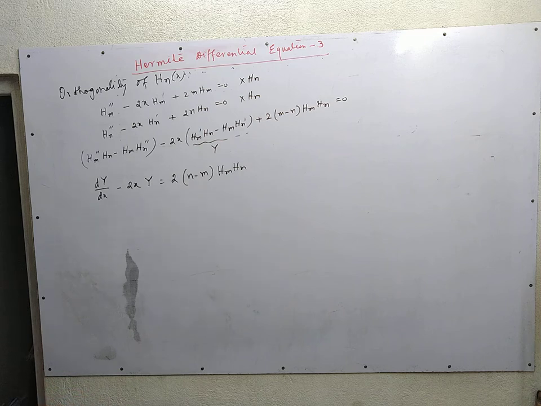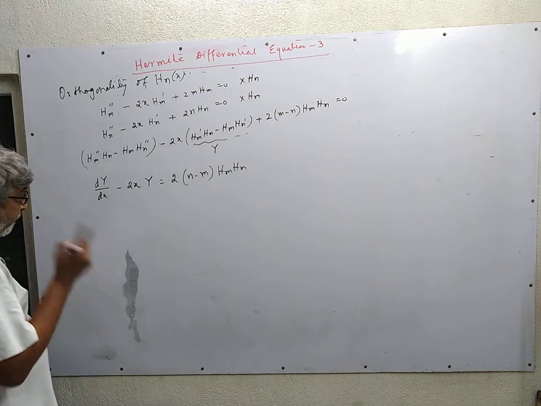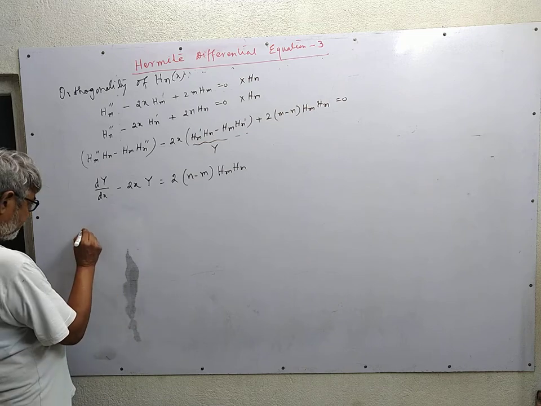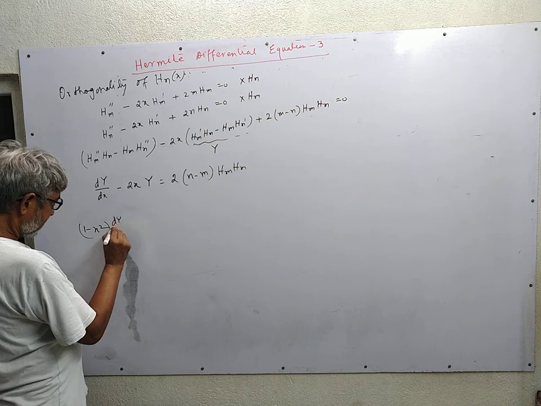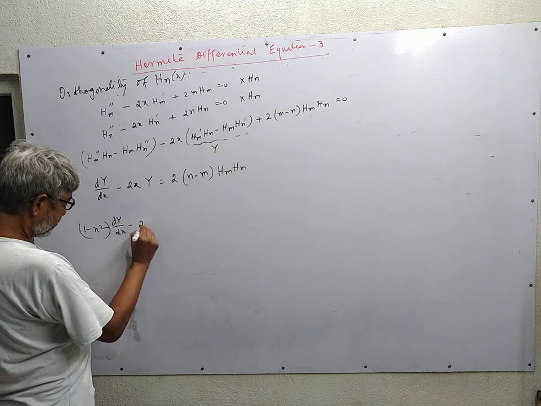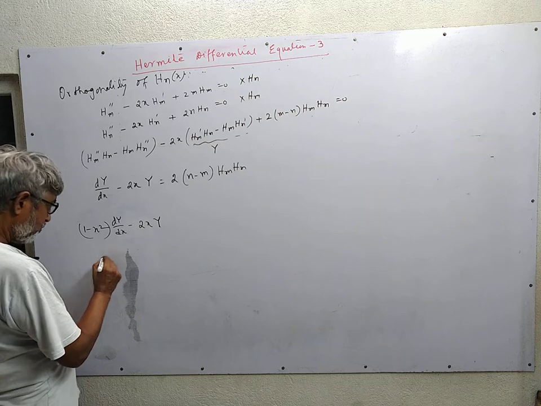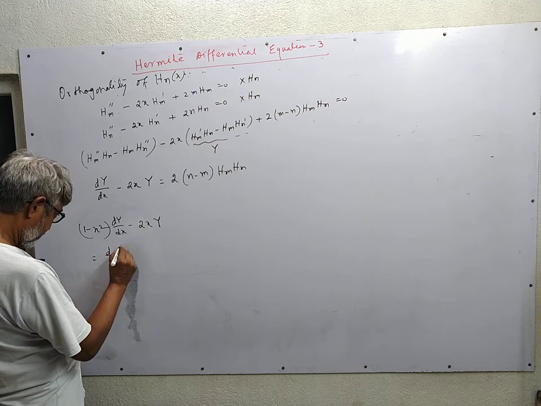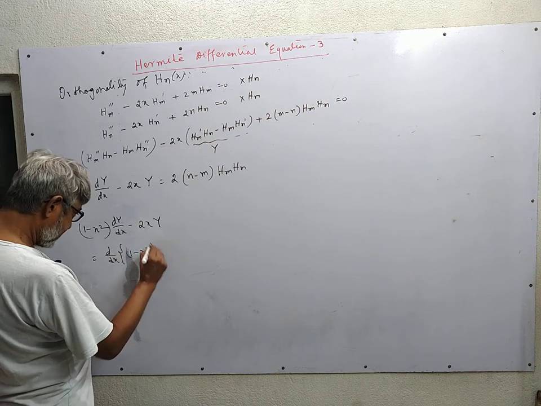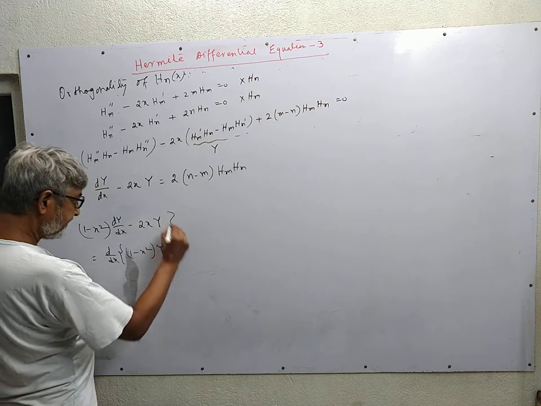Now note that this is not integrable. The left hand side is not an exact differential. It was an exact differential for Legendre polynomials. I want to make the point clear once more. In that case, this was d y by d x minus twice x y, which could be written as d by dx of 1 minus x square times y for Legendre.